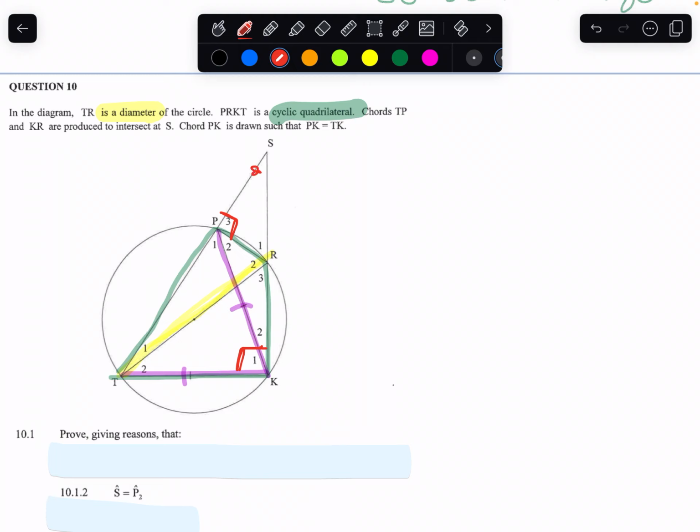So this guy is equal to that guy. So how could we go about that? I'm just going to draw in this little circle just in case it's useful. I don't think it is, but anyway.